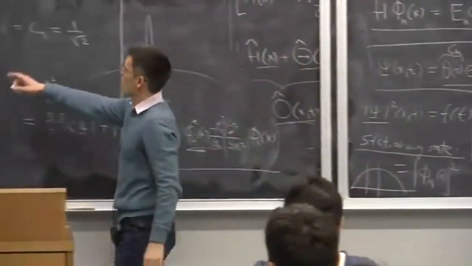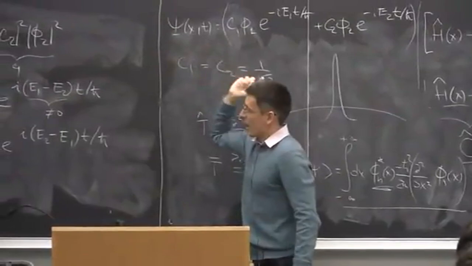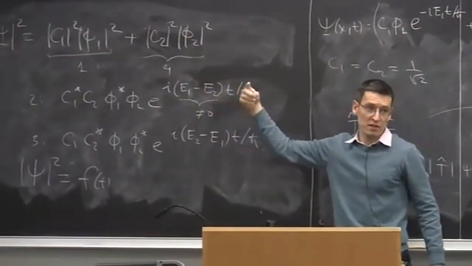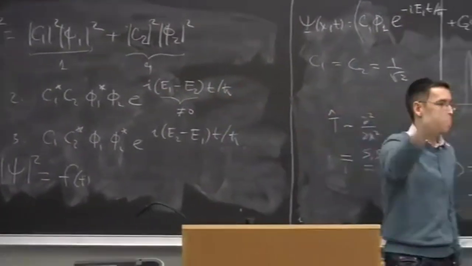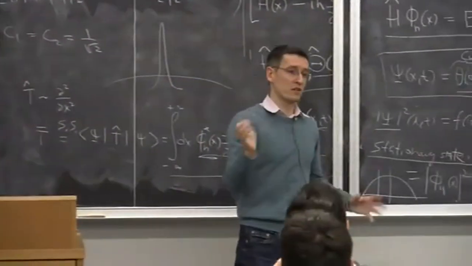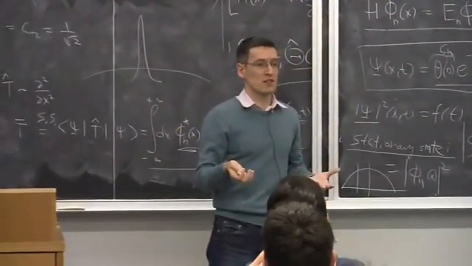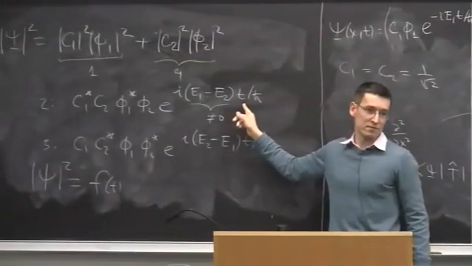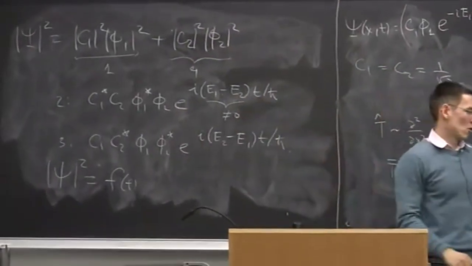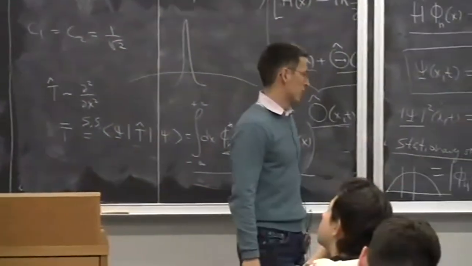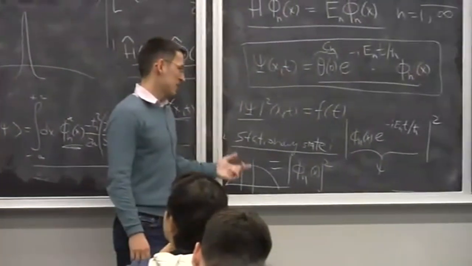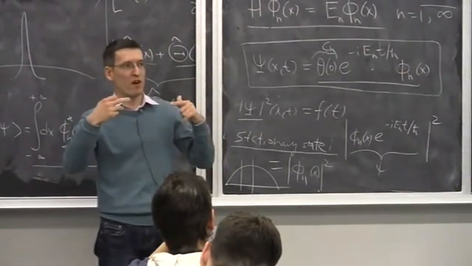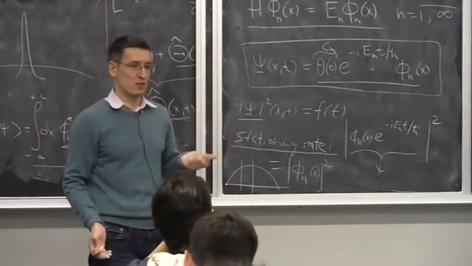But for the example that I'm considering here, I want E1 and E2 to be different, for the reason that if I end up with a special case when they are the same, then it's not a very interesting case for me, because I will lose the time dependence. I would end up with a stationary case which originates from two wave functions which are degenerate in energy, right?